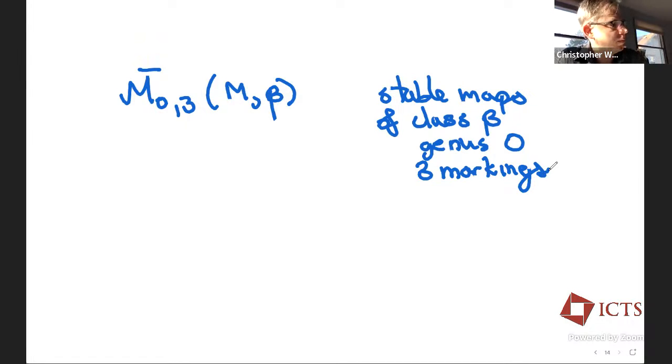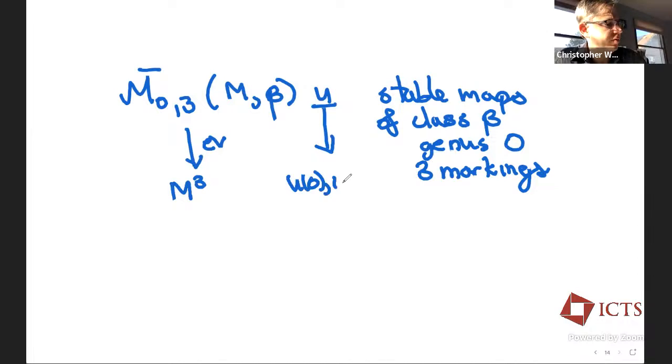And I have the evaluation map. I can choose the parameterizations of these 3 markings so that I'm evaluating at 1, 0, and infinity.